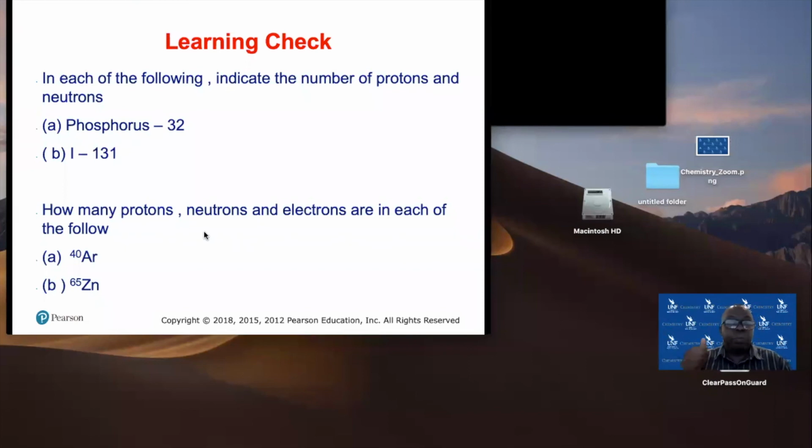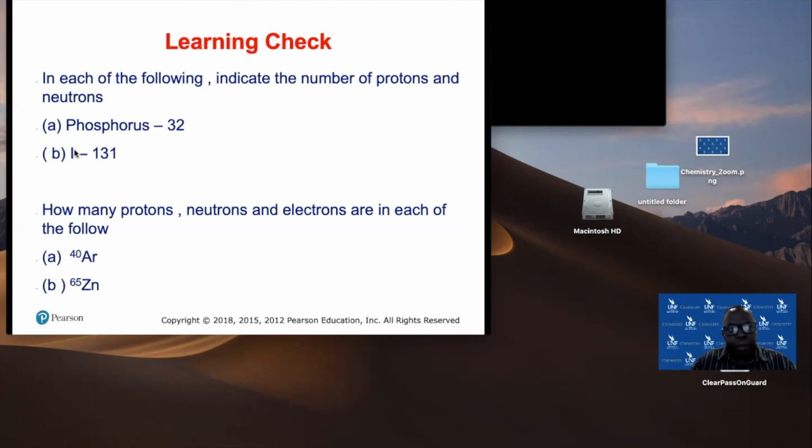By the way, from chapter 1, you should be able to name the element on the periodic table, given the symbol. So first, you should be able to know the chemical symbol. It is number 15 on the periodic table. So if you know 15, it's the atomic number.